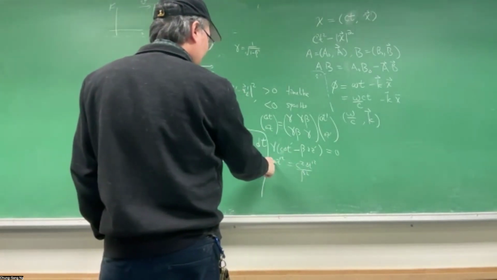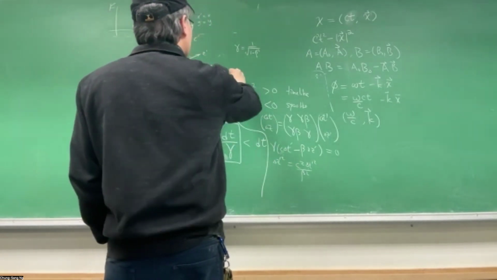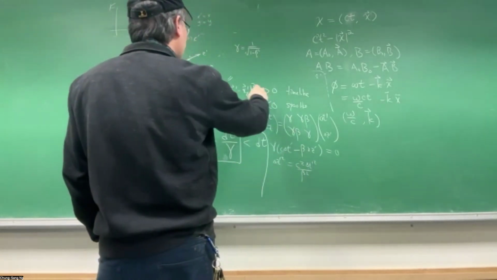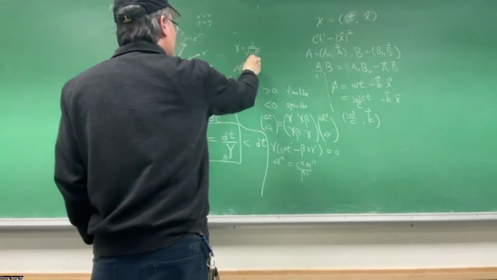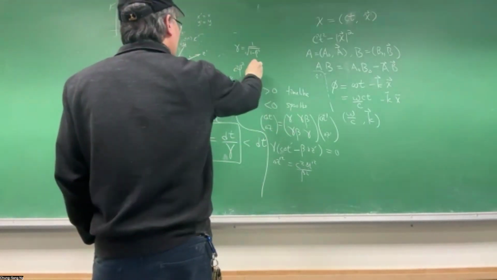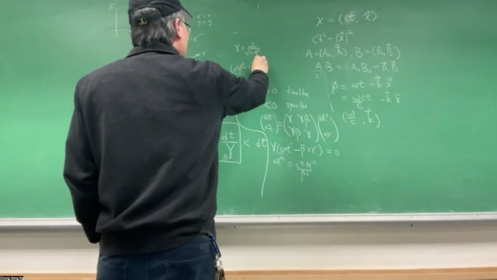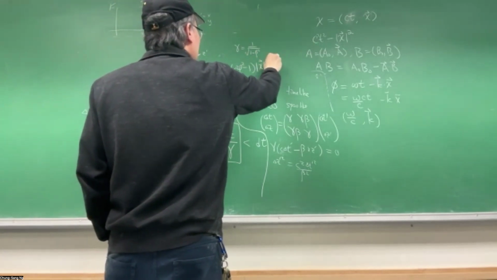So delta t prime squared is beta squared times delta t squared, so c squared beta squared, minus 1, times delta x squared.